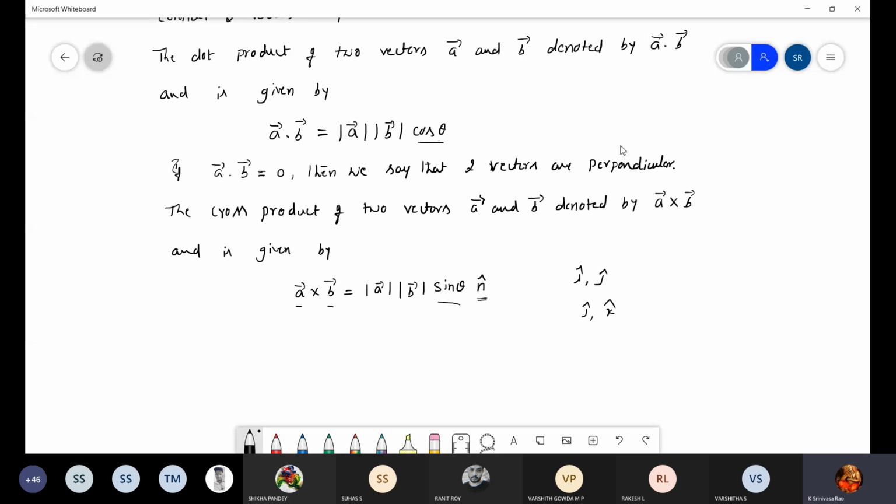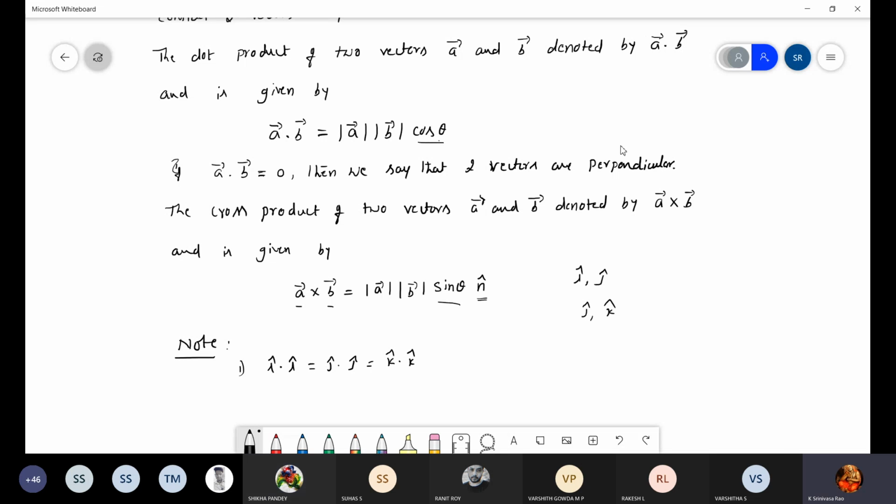Okay, next note. First one: I dot I equals J dot J equals K dot K. See, in all these three, what is the angle between I dot I? 0. Very good.